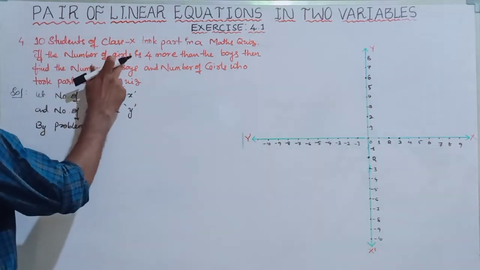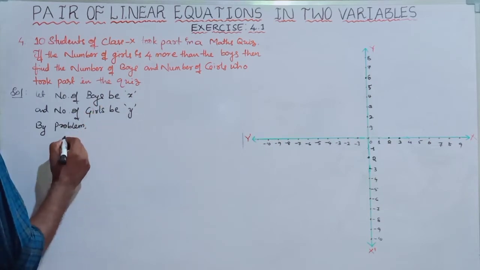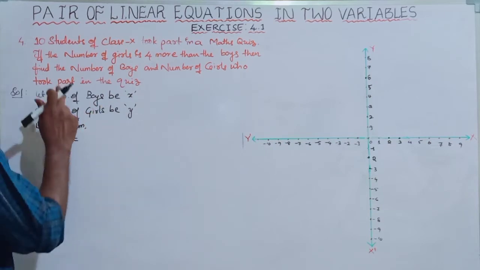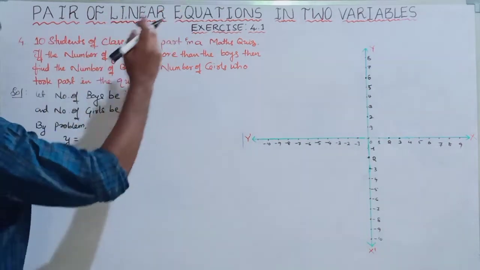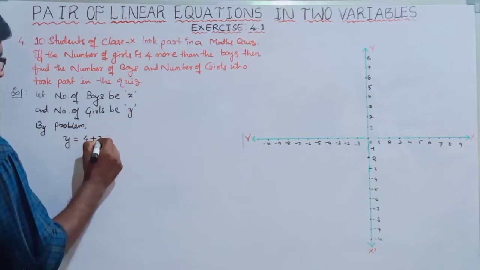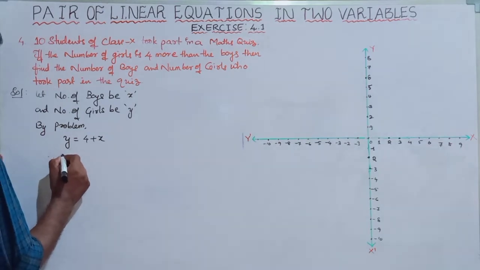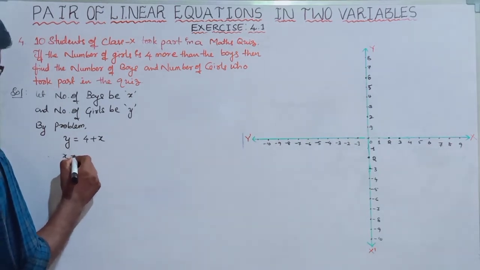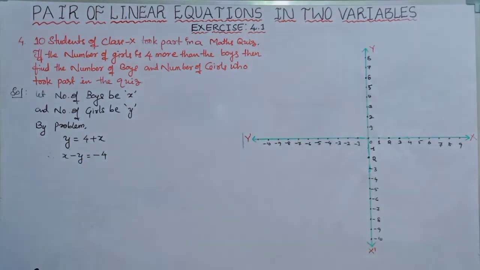if the number of girls is 4 more than the boys, y equals x plus 4. So the equation becomes x minus y equals minus 4.